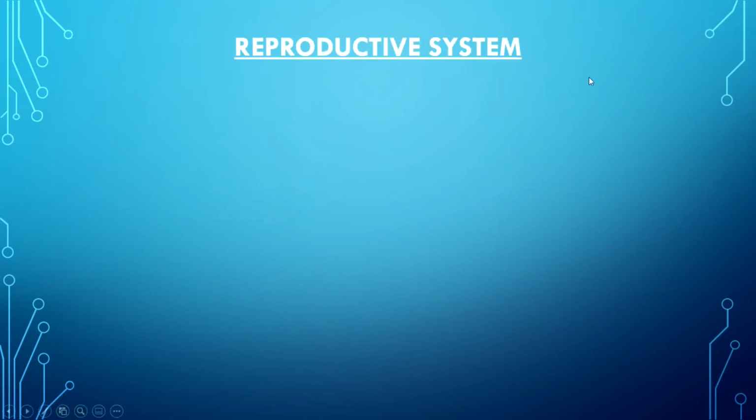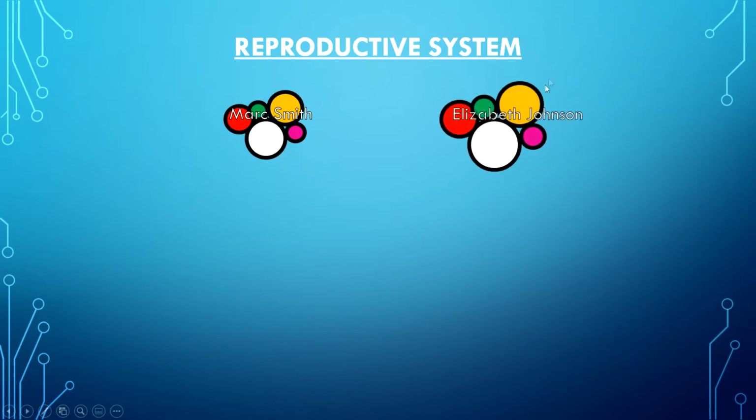Then the last slide is the reproductive system. So you have Mark Smith, it can be any name, and Elizabeth Johnson. I just imagine these names. So imagine they want to mate.